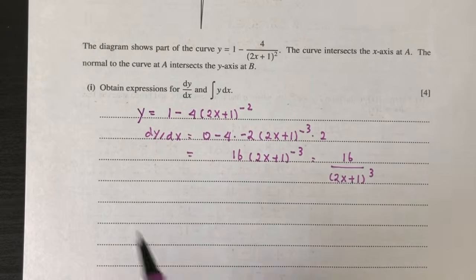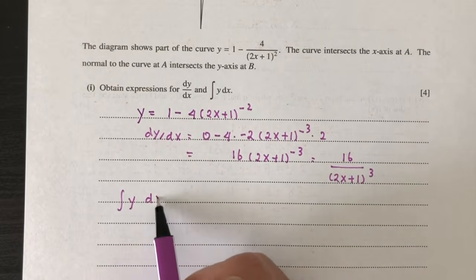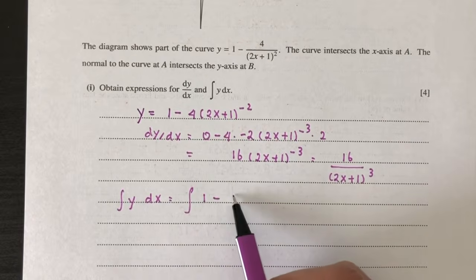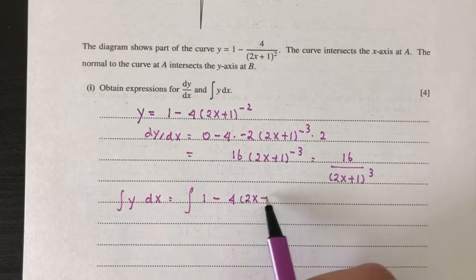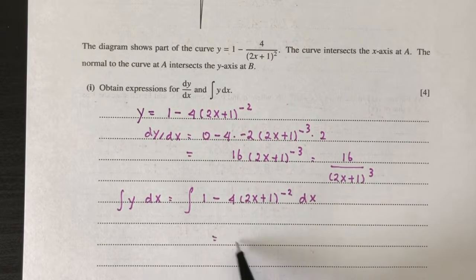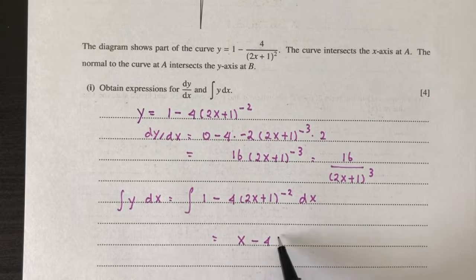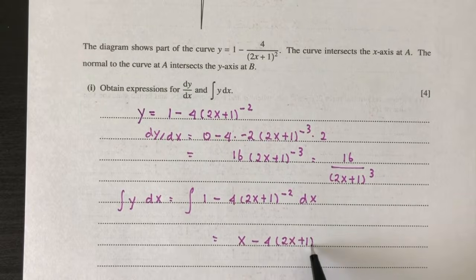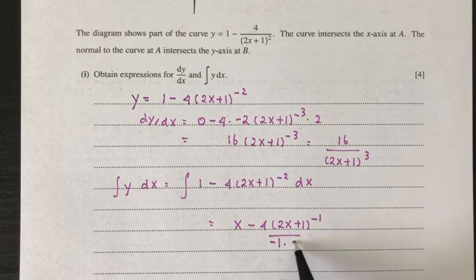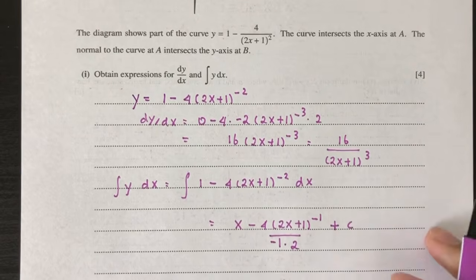Now next one, let's find integration of y with respect to x. So the integral of 1 minus 4 (2x plus 1) to the power minus 2 dx is x minus 4 (2x plus 1) to the power minus 1, over minus 1 times 2, plus c.